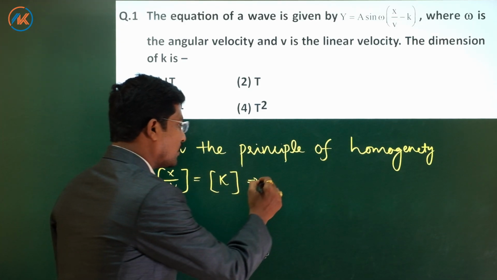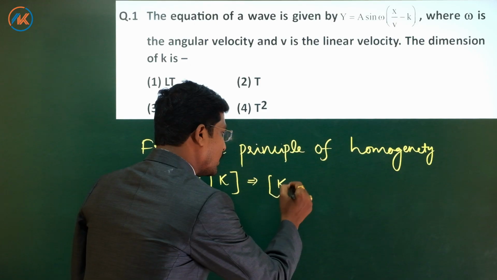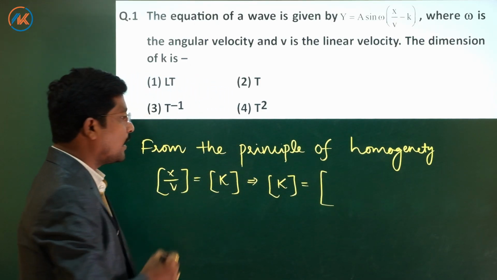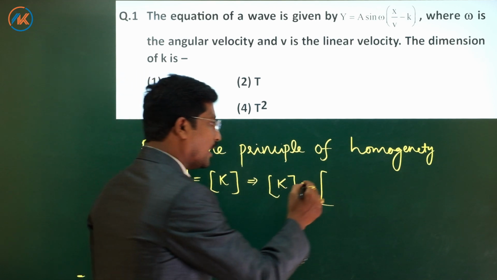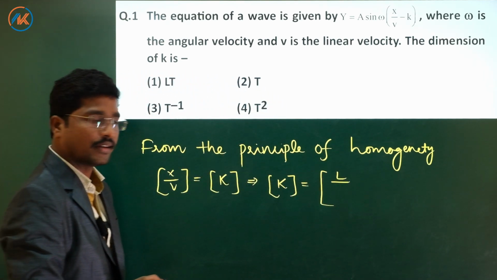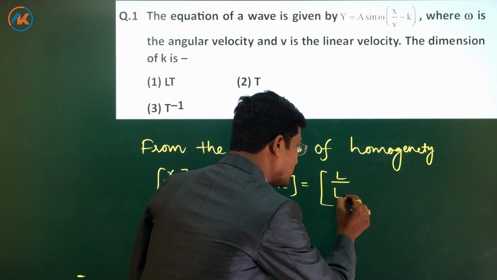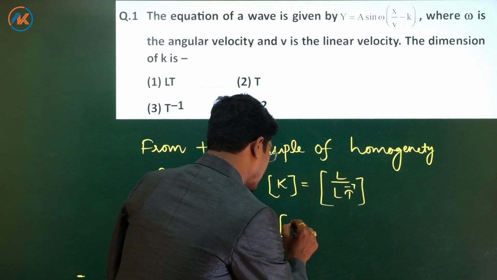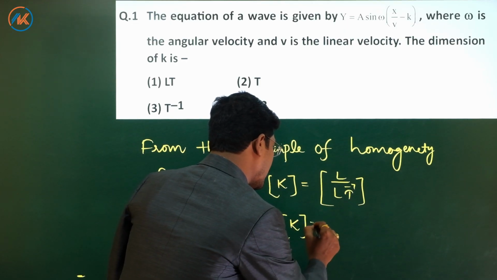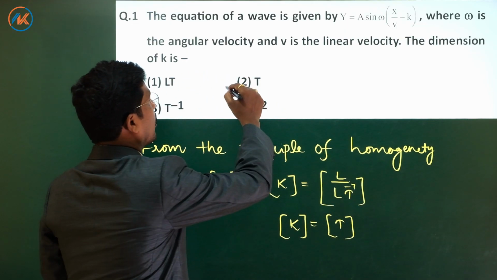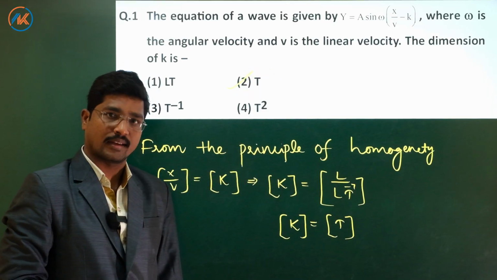From this, we know that the dimensions of x is L and the dimensions of v is L T power minus 1. So the dimensions of k, finally you will get T. So the second option is correct.